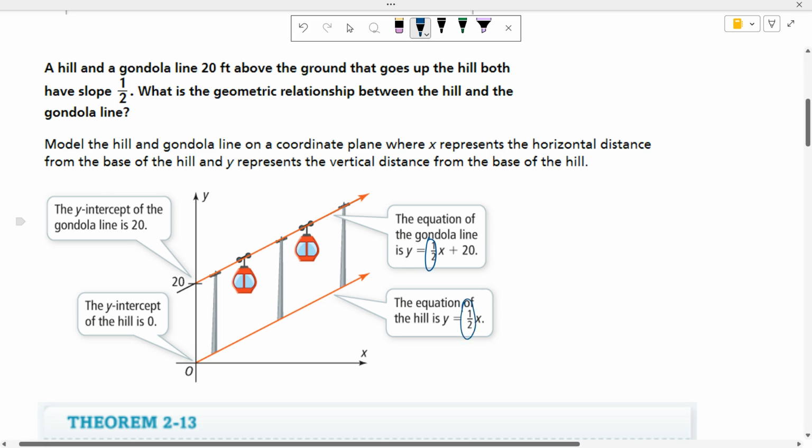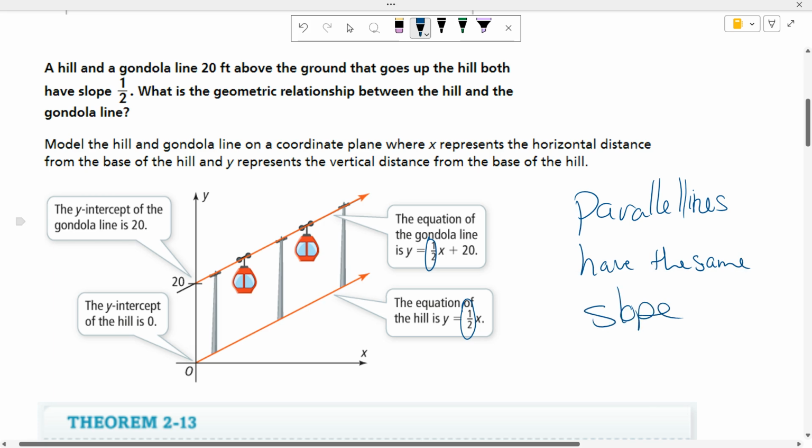They're the same. Parallel lines have the same slope. Parallel lines will always have the same slope. They'll have different y-intercepts, because if they had the same slope and the same y-intercept, they would be the same line.